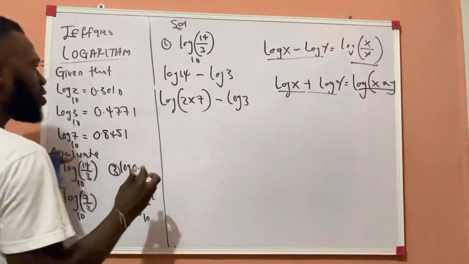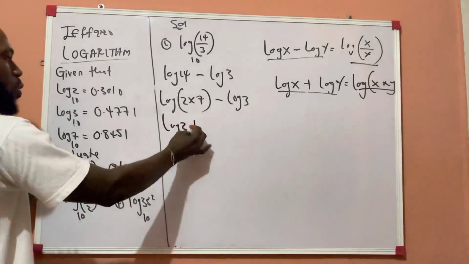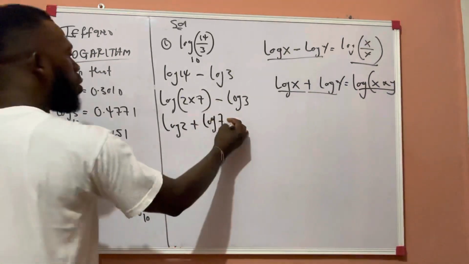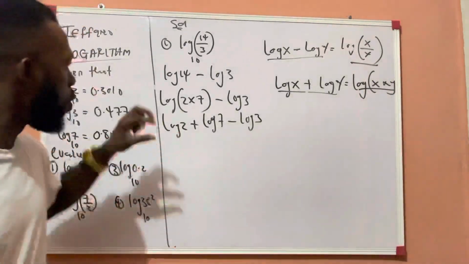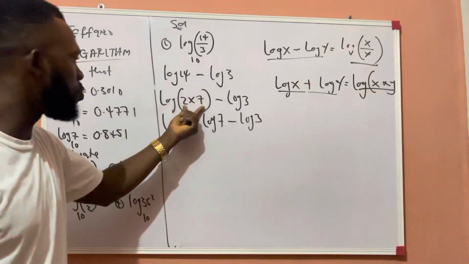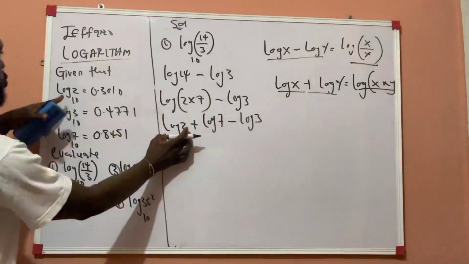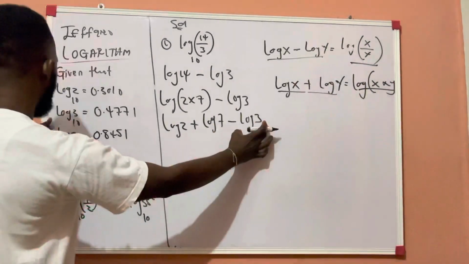So when I pick this number, it becomes log 2. Now times becomes plus. Then what becomes here? Log 7. Now followed by my log 3. Are you getting the logic there? So that is how it is. We expanded. How did I get 2 times 7? LCM of 14. Now, you will notice that log 2 was given in the question, log 7 was given in the question, and log 3 was given in the question.